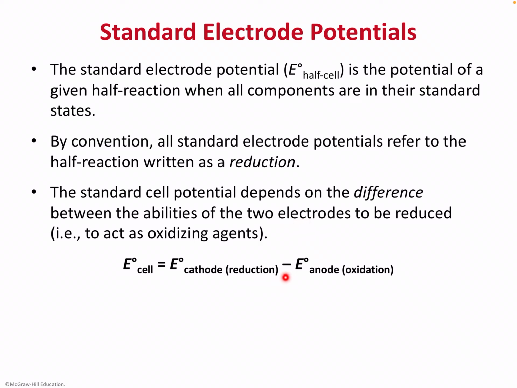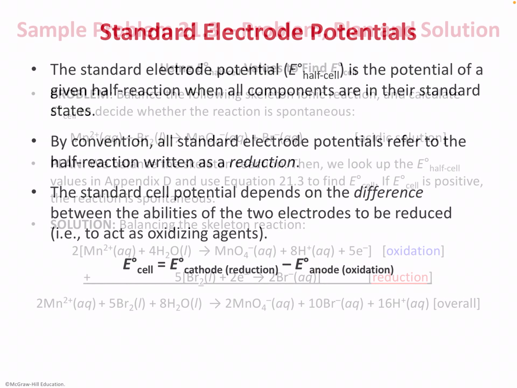So this is the equation that we need to use if you want to find out the E0 cell: E0 cathode, which is where the reduction takes place, minus E0 anode, which is the oxidation. Remember, E0 cell equals E0 cathode minus E0 anode.